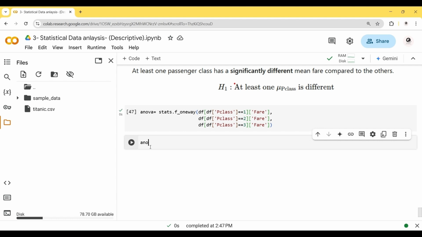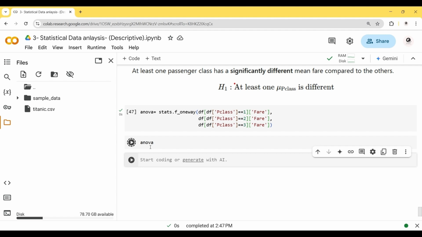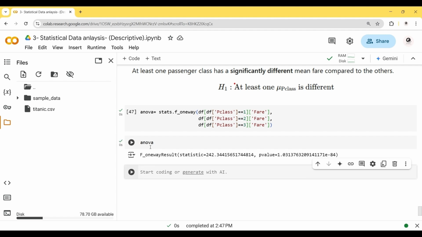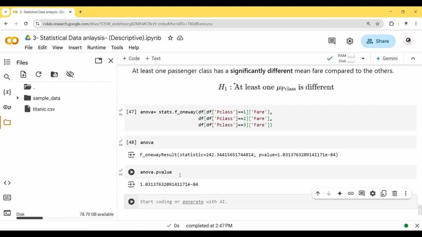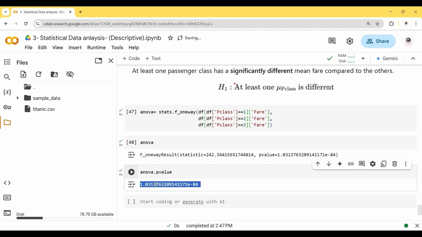Now let me check the Anova value. So this is my Anova value. Now from this value, I want to retrieve the P value. So I'll write Anova dot P value. So here we can see my P value is less than 0.05.